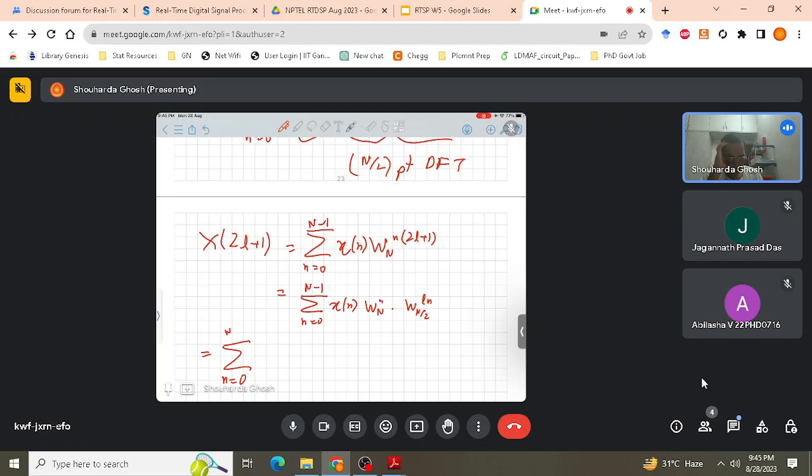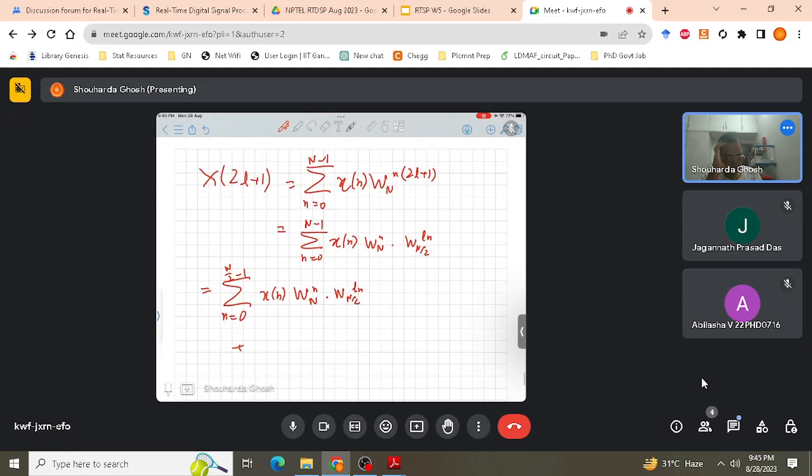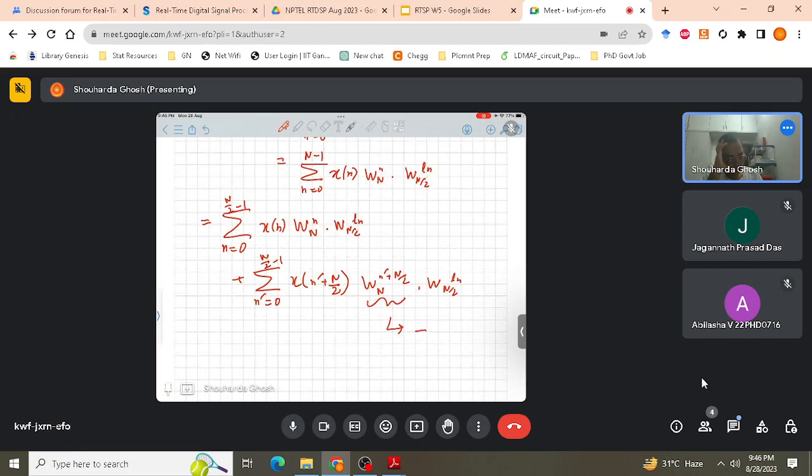The sum from 0 to N/2 minus 1 of x of n W_N^n W_(N/2)^(ln), and let's suppose for another one n prime equal to 0 to N/2 minus 1 of x of n prime plus N/2. So these are the ones after n plus N/2, and then W_N of n prime plus N/2 W_(N/2)^(ln), and again I am repeating, this is the symmetry property, W_N of n prime.